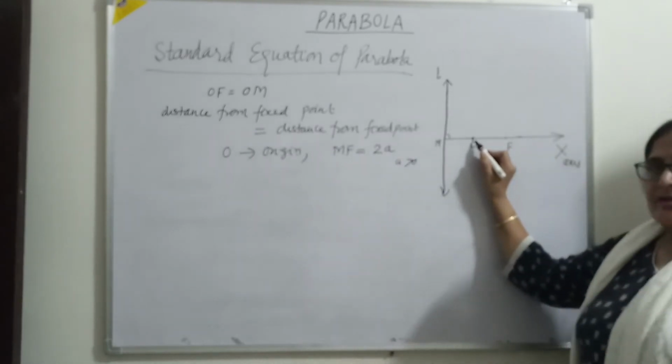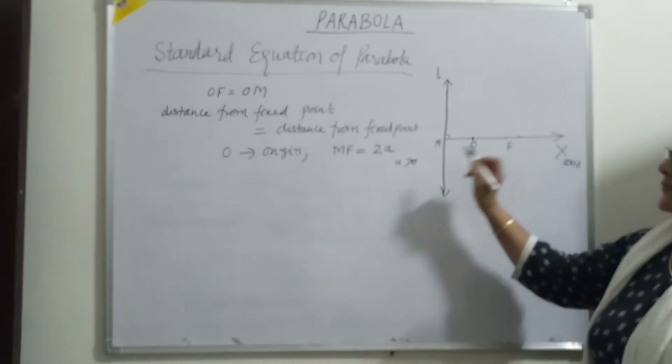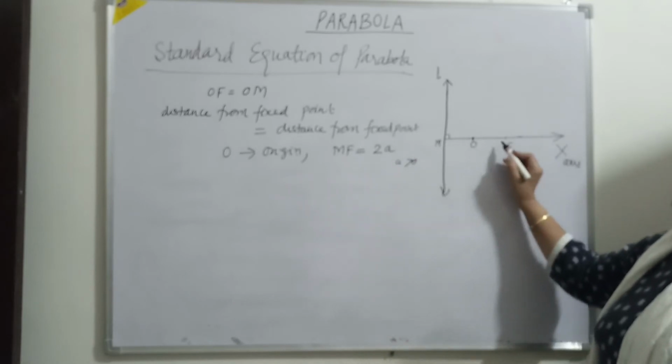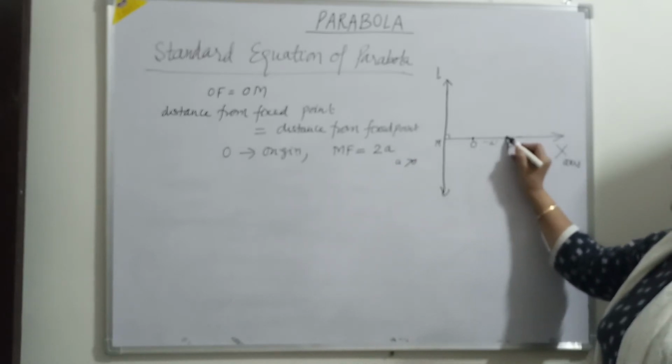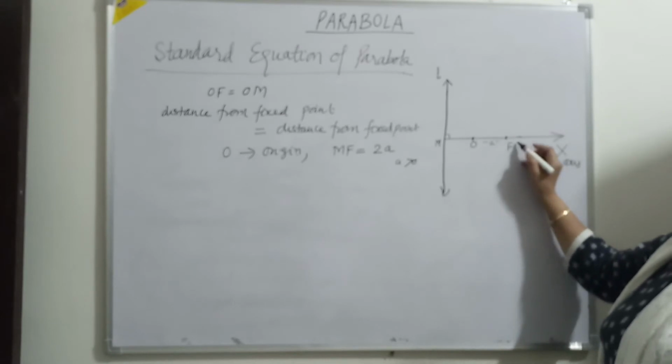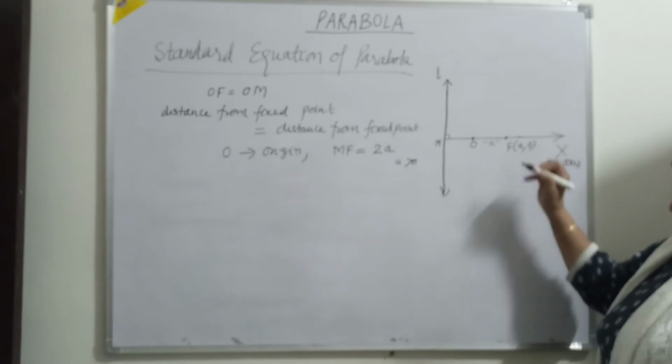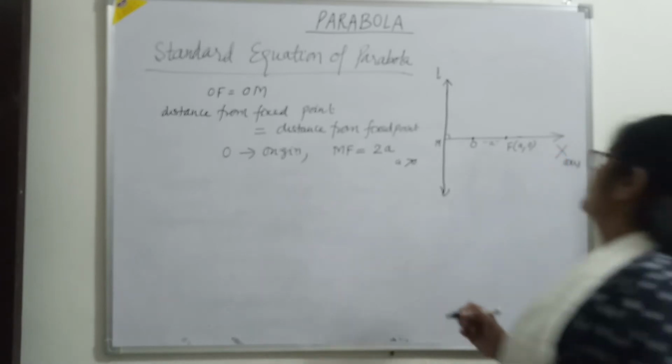O is a point on the parabola, so this distance is a. So what are the coordinates of F? The coordinates of F are (a, 0).